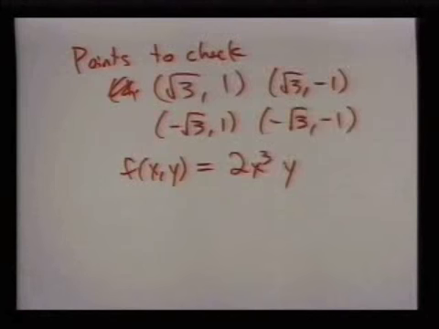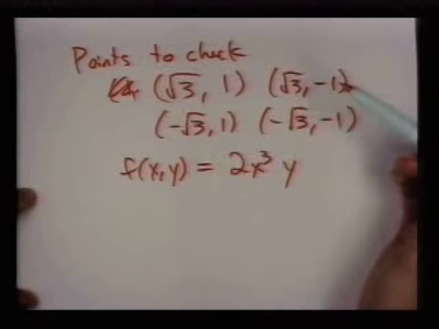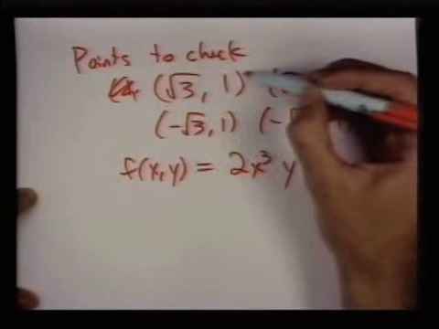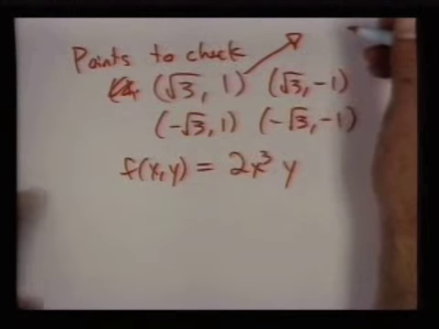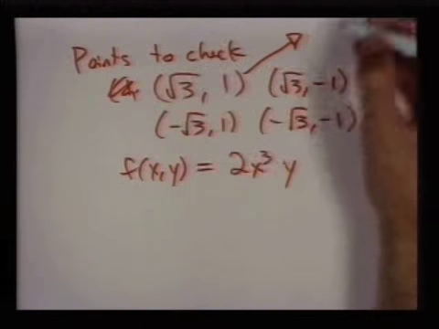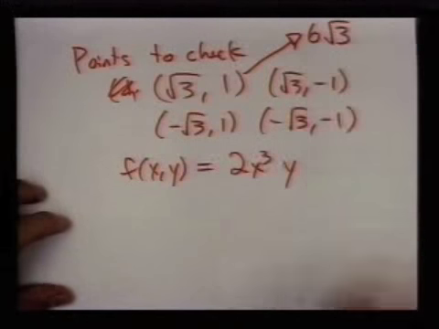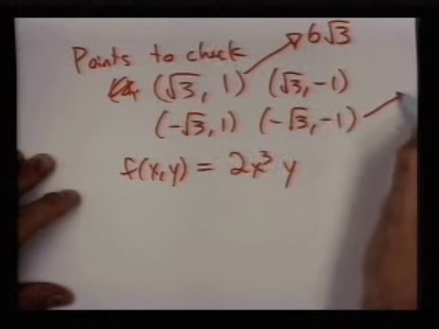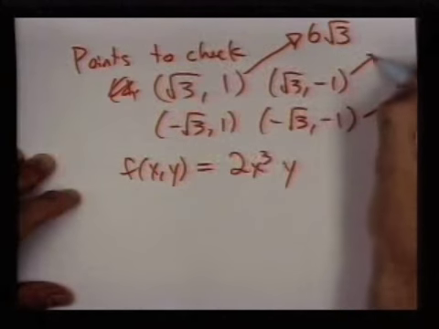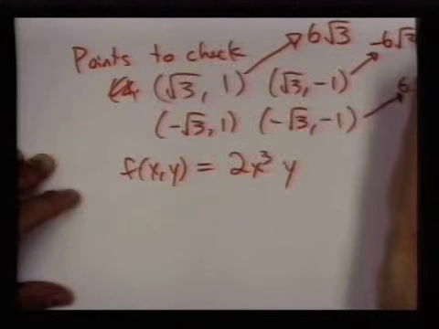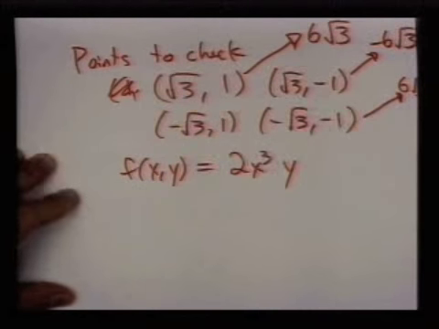If you plug these points in here, you'll find that this one corresponds to a value of 6 times the square root of 3. So does this one. And these two correspond to values of negative 6 square root of 3.